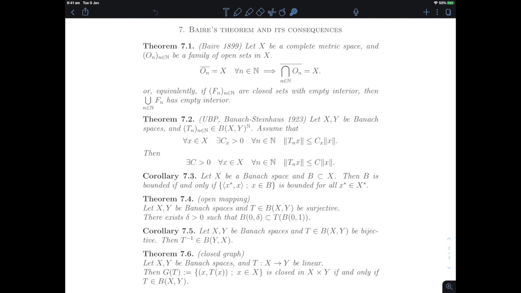So it's bounded when you project it down to R using a linear functional, and this is equivalent to being strongly bounded, so being bounded in the norm topology of your Banach space.